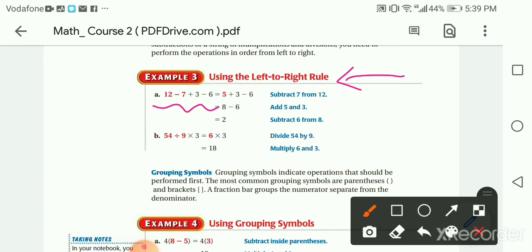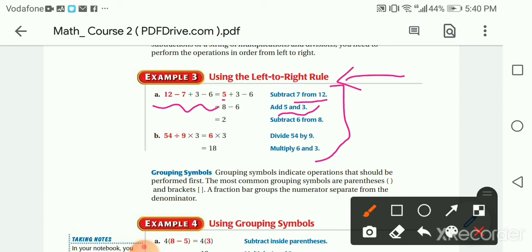Okay. I have here on my left hand 12 minus 7. Subtract 7 from 12. The steps are very important to look to. So 12 minus 7 gives me 5. The red numbers, 12 minus 7 gives me 5. Plus 3, plus 3. So add 5 and 3 from left to right, okay?